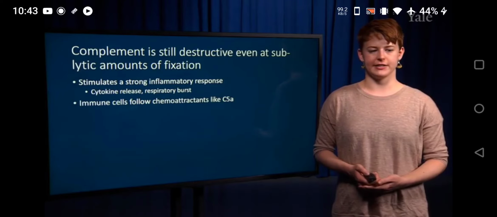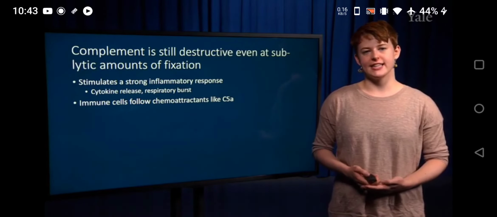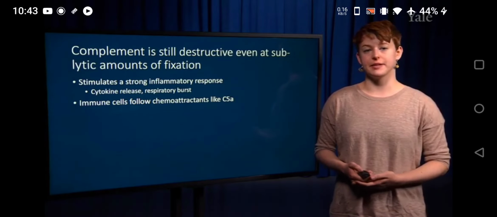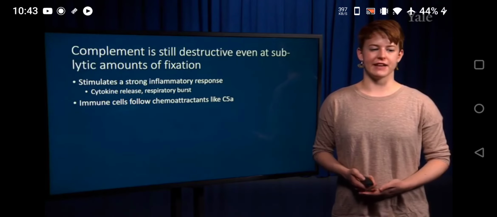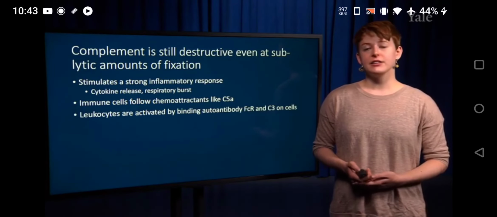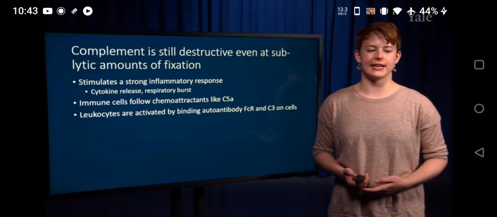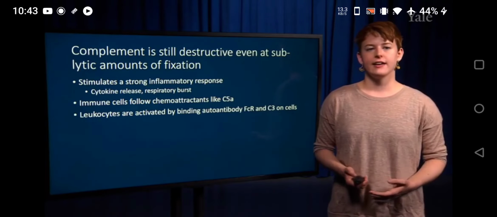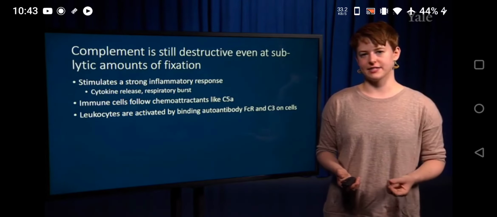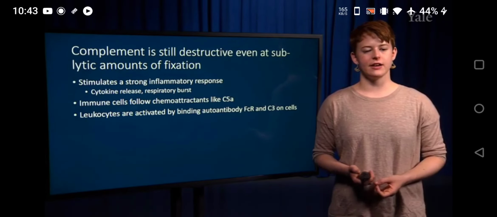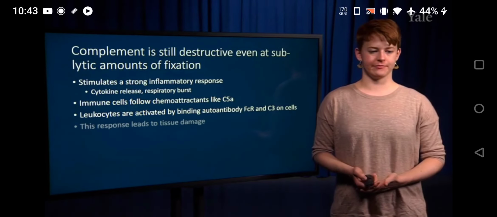Then immune cells will be attracted to the area because some complement proteins are chemoattractants, for example, C5a. Leukocytes might then be activated, and this can happen by binding autoantibody, the Fc receptor on cells can bind the Fc region of antibodies, or the binding of complement protein C3. And this response can lead to tissue damage.